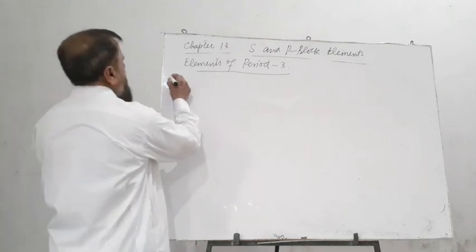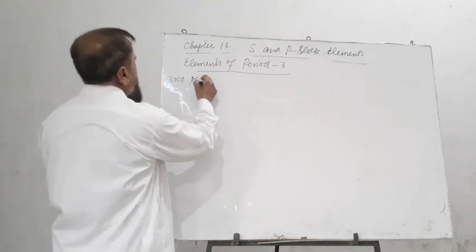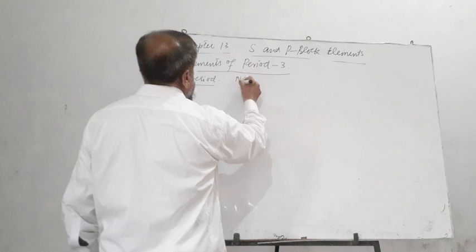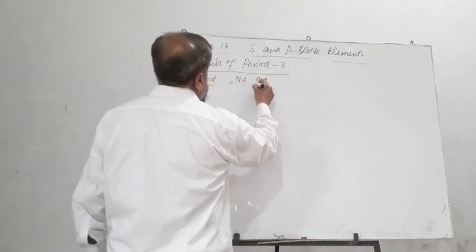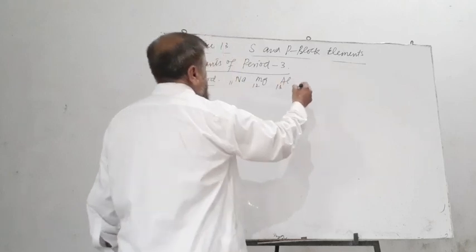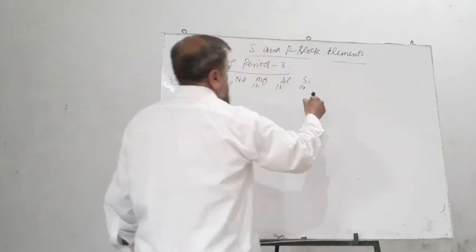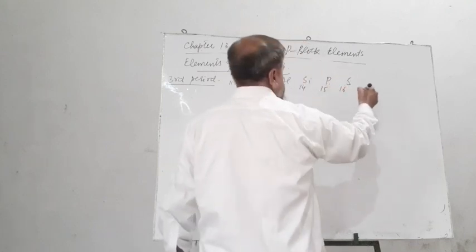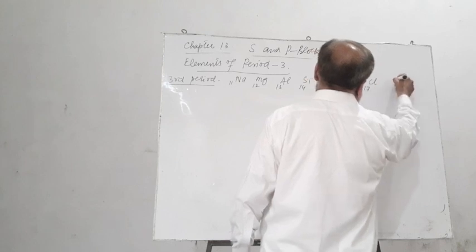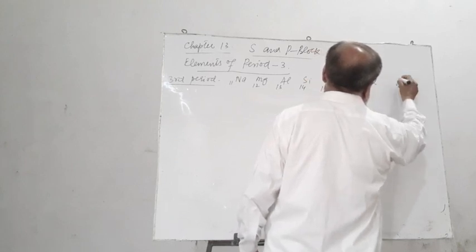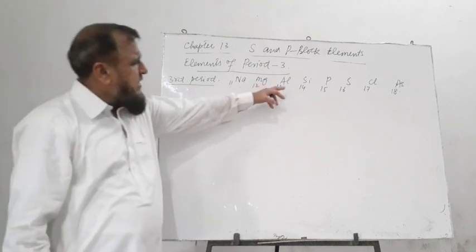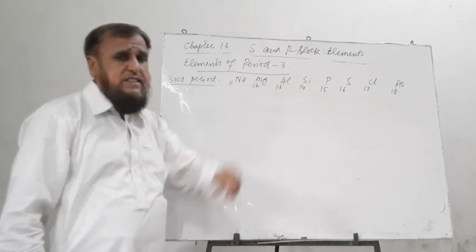The third period consists of sodium, atomic number 11, magnesium, atomic number 12, aluminium, atomic number 13, silicon, atomic number 14, phosphorus, atomic number 15, sulfur, atomic number 16, chlorine, atomic number 17, and argon, atomic number 18.